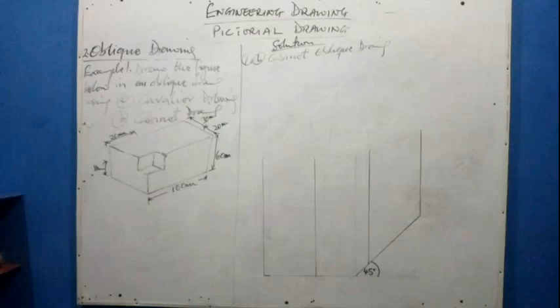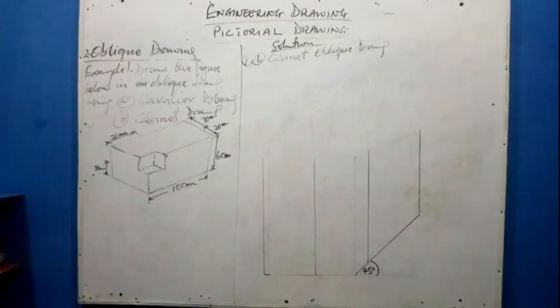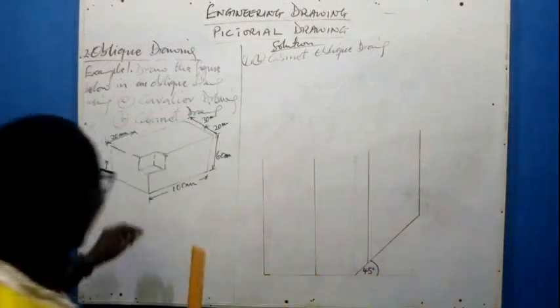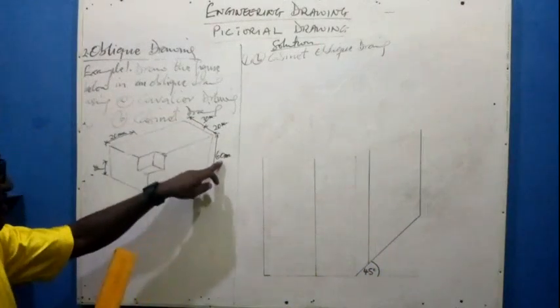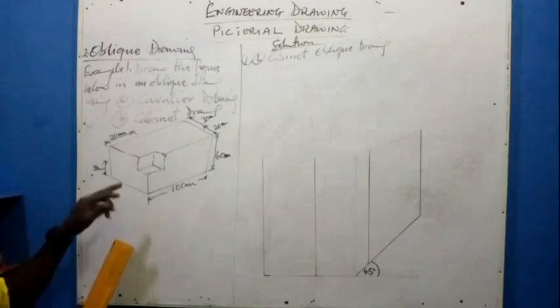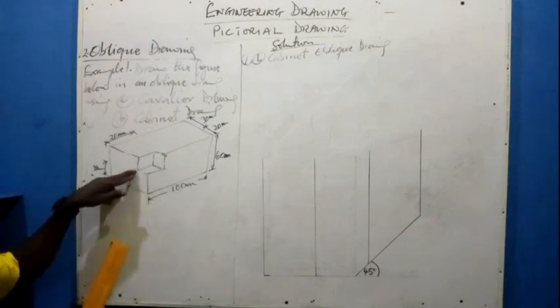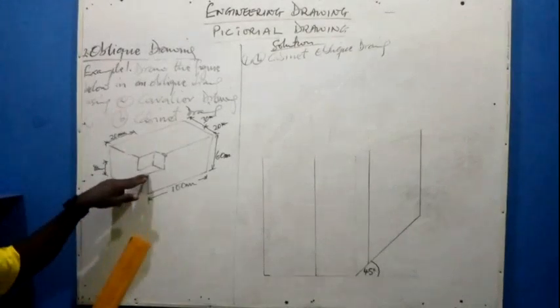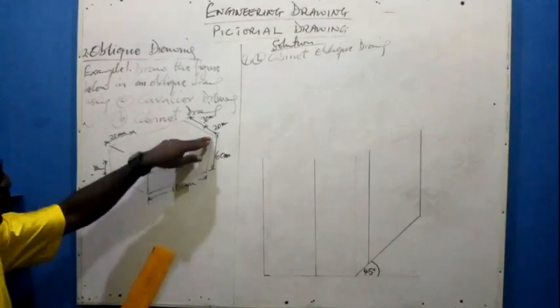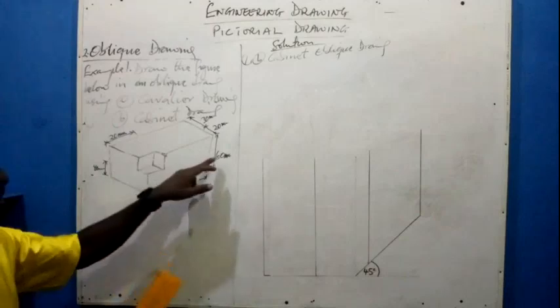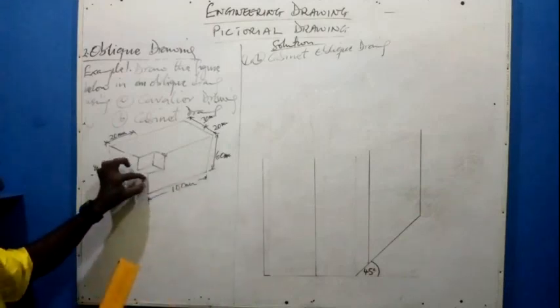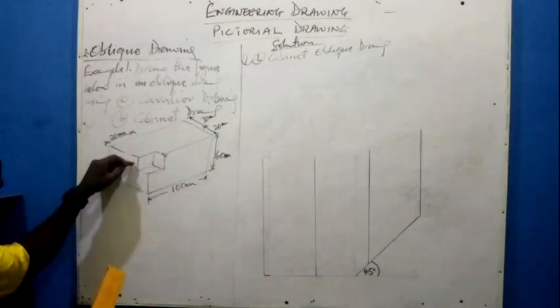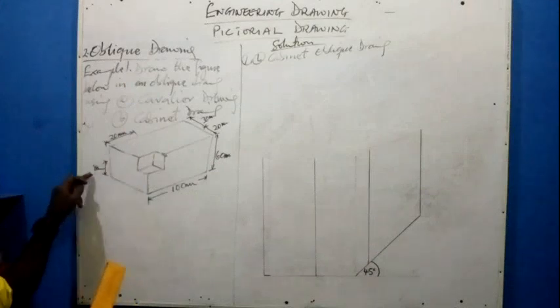Then now I can take the heights of the figures. What is the height? The total height is 60. By the division in them, you can see from here is 40, from here is 120. They have given us from here is 40. They have given us the total. When you subtract what they have given us from the total, you're going to get the remaining, the smaller section, which is 20.